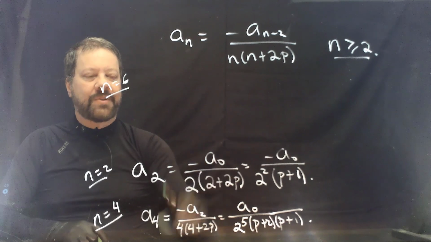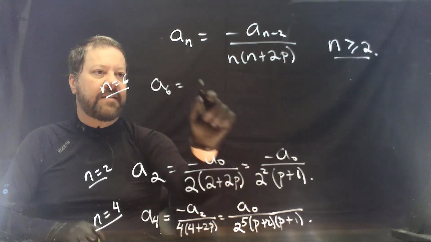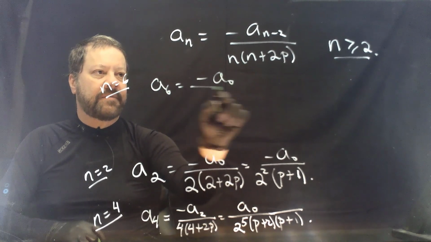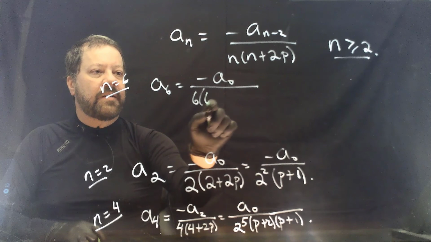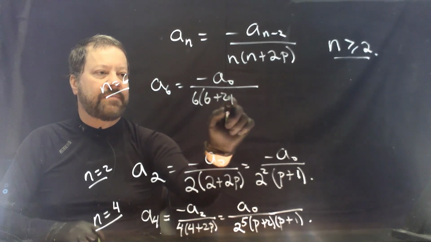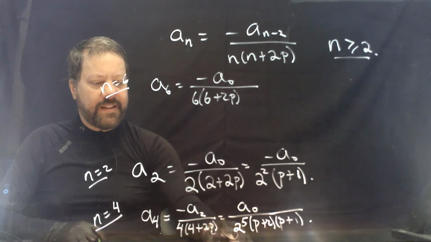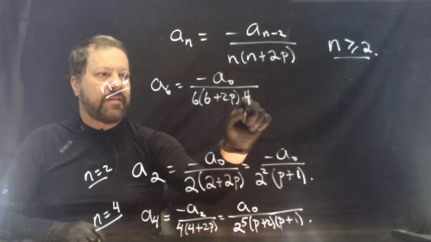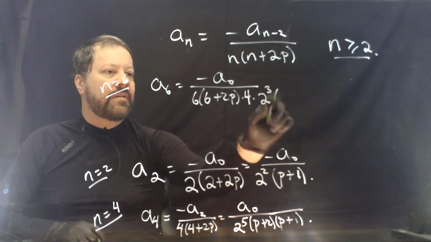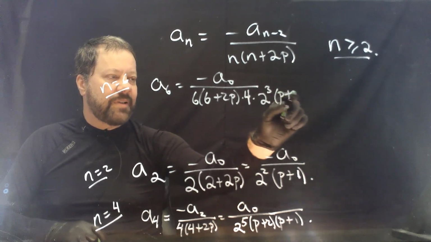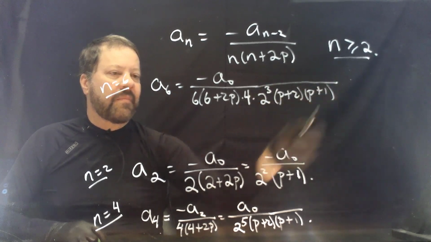Now for n equals 6, we'll get a minus a0. We'll have 6 times 6 plus 2p. We can write this as 4 times 2 cubed, p plus 2, p plus 1.